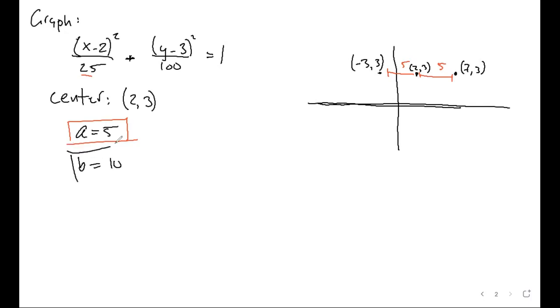And my b here is equal to 10. So that means that the height of the ellipse is going to be equal to 10. I got that from here, right? This is b squared, this is a squared. So if b is equal to 10, these points, what do they have to be? Well, this is going to be (2, 13), and this is going to be (2, -7).